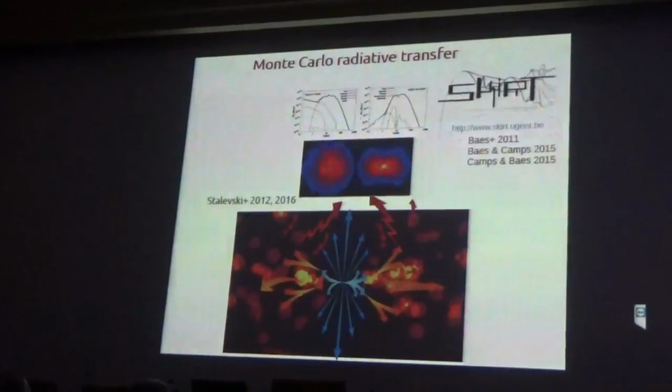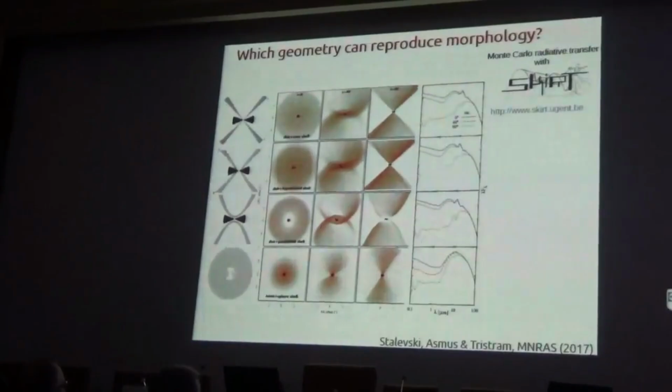You follow each of these photons along their path, and when they encounter a dust particle, you use some proper probability distributions to determine what will happen to the photons, whether they will be absorbed or scattered, and scattered in which direction. So you're collecting all these photons with virtual instruments, and at the end of the simulation you can reconstruct the image of your source and its spectral energy distribution. So this is one such example of the classical dusty two-phase torus in an AGN and its corresponding SEDs.